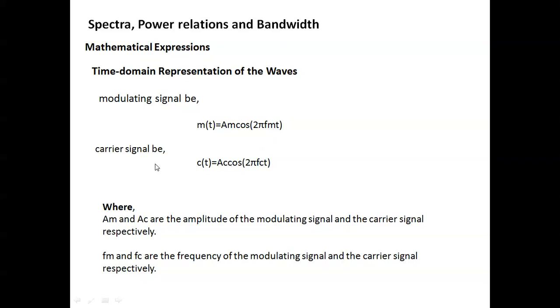The carrier signal is denoted as c(t) equal to AC cos 2 pi fc t, where AC is the carrier amplitude and fc the carrier frequency. The first equation represents the modulating signal and the second represents the carrier signal.